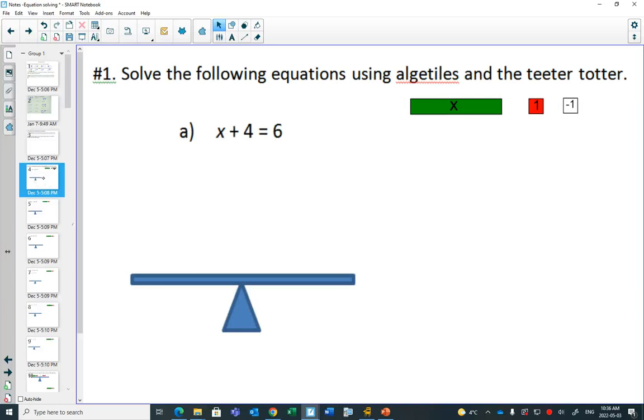We're going to do it with algetiles to start. According to this, on this side we have an x, and we have plus 4. And on this side, we have 6. And apparently that makes it completely balanced.